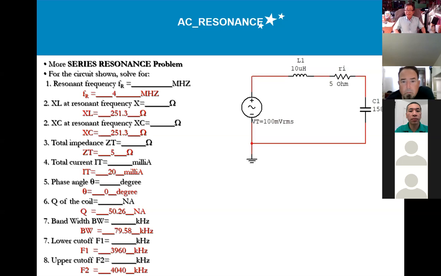When you're doing a calculation, you have to know the formula. Okay, any question? We can move on.